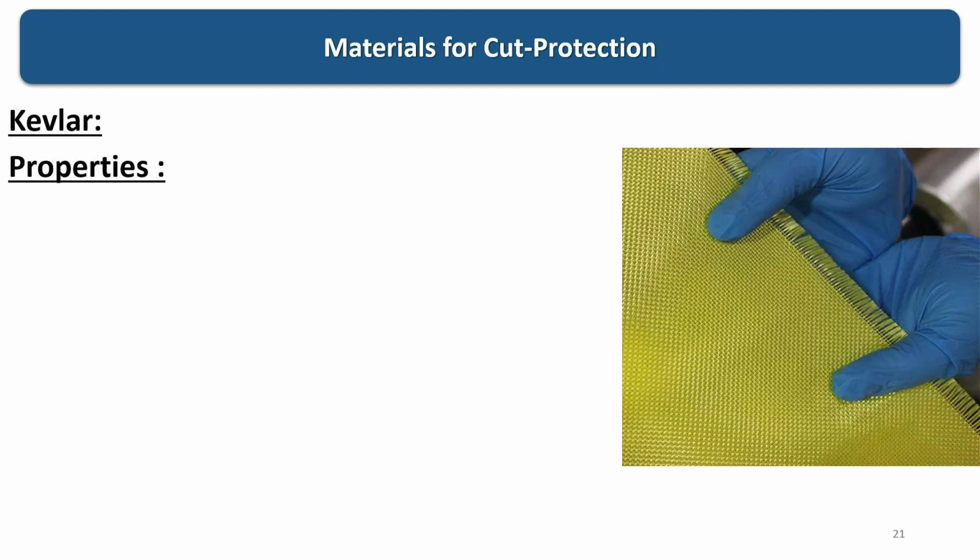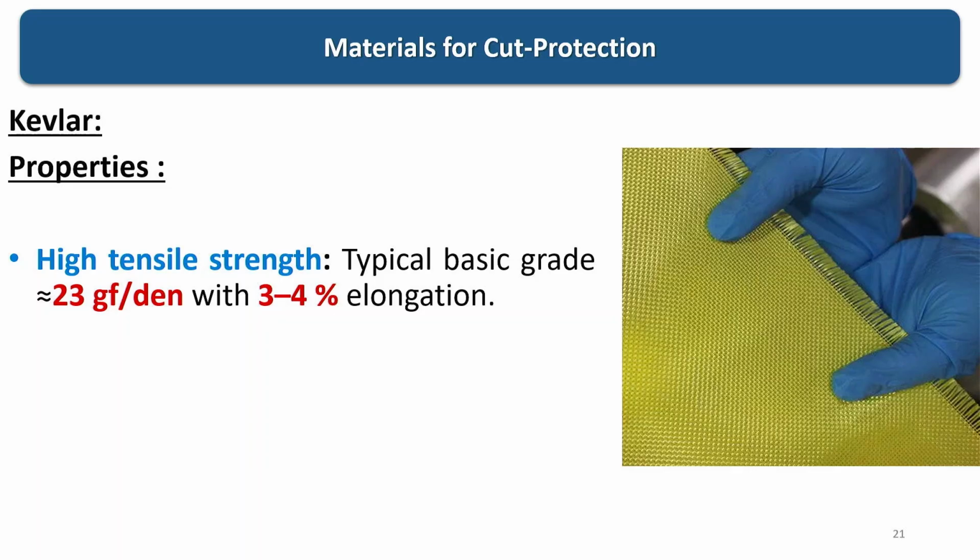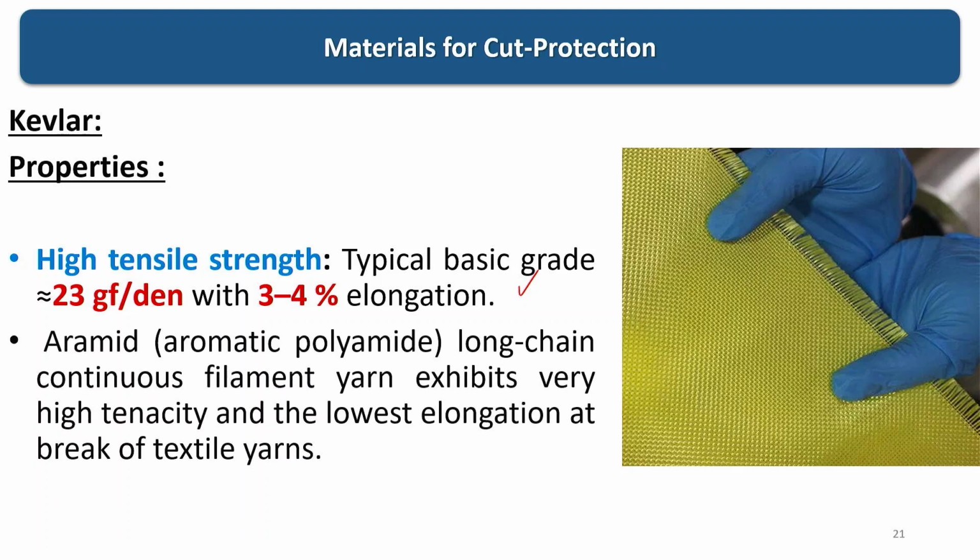The properties, if we see for Kevlar, it is high tensile strength. For basic grade, around 23-25 gram force per denier, very high strength, elongation 3 to 4%. But for technical grade, high grade, it will be much higher strength.